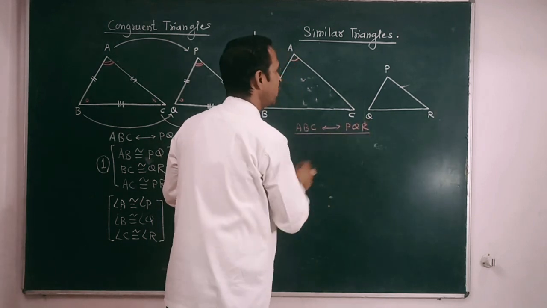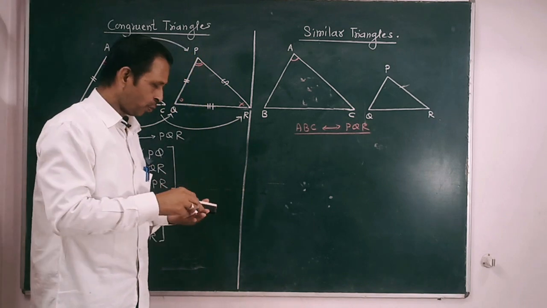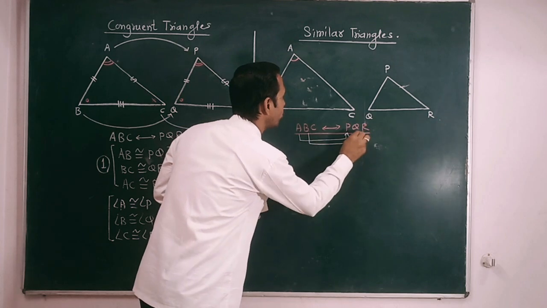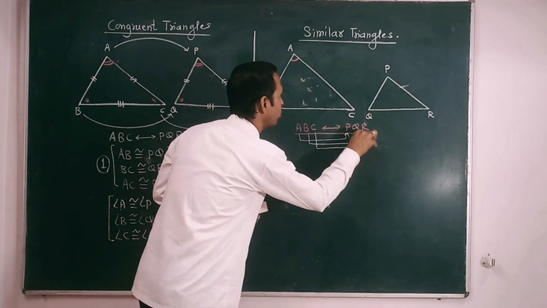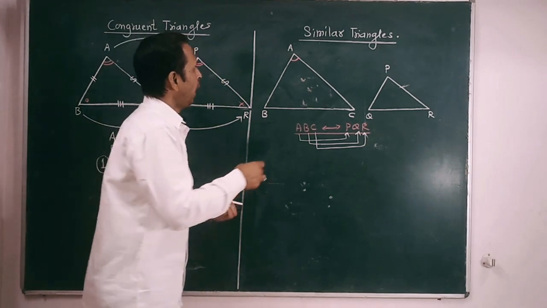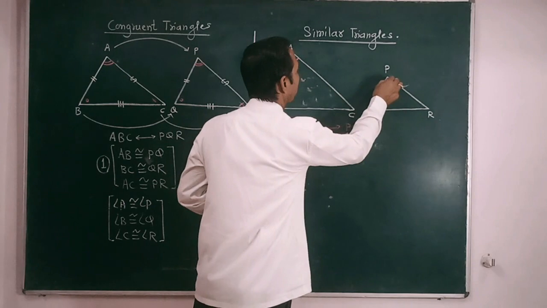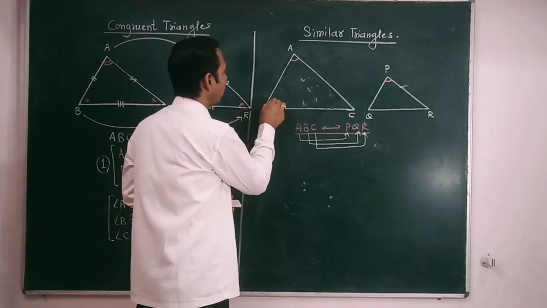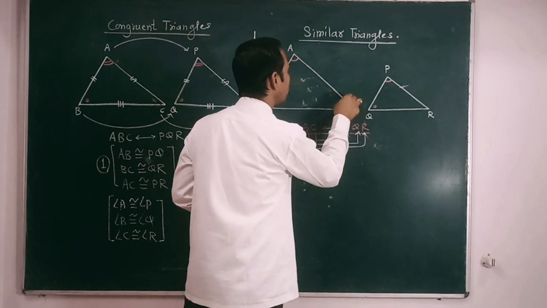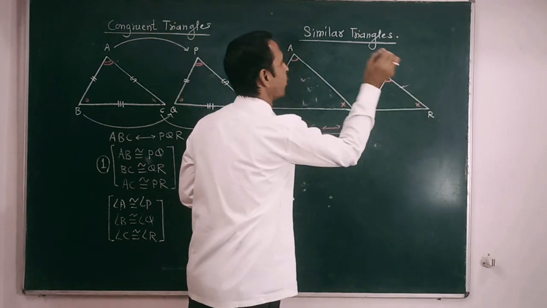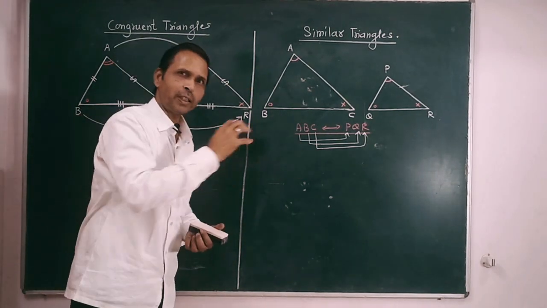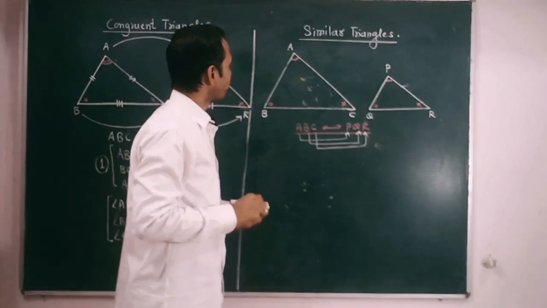This means A corresponds to P, B corresponds to Q, and C corresponds to R. Due to this correspondence, angle A is congruent with angle P, angle B is congruent with angle Q, and angle C is congruent with angle R. All these 3 angles of one triangle are congruent with the 3 angles of the other triangle.